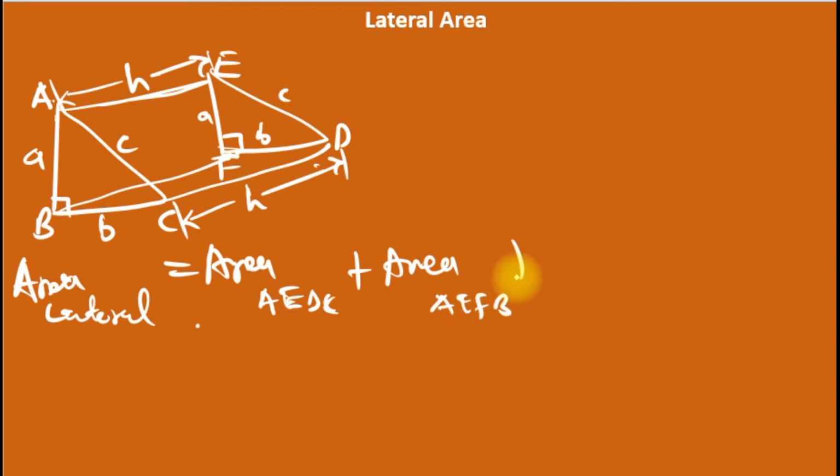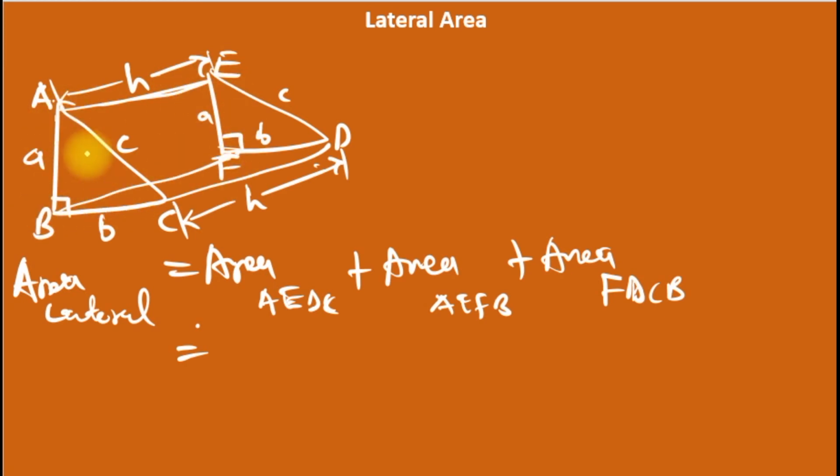Finally, this down one, FDCB. So this is the lateral area here. If the base is four-sided, we have 4. So I will know that each of these shapes here is a rectangle.